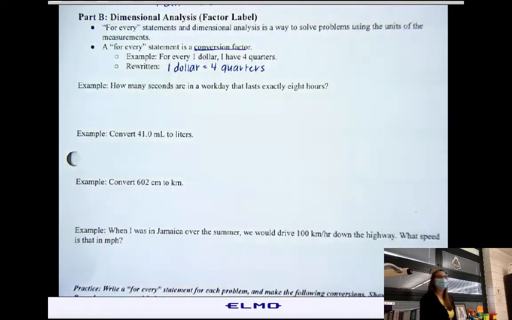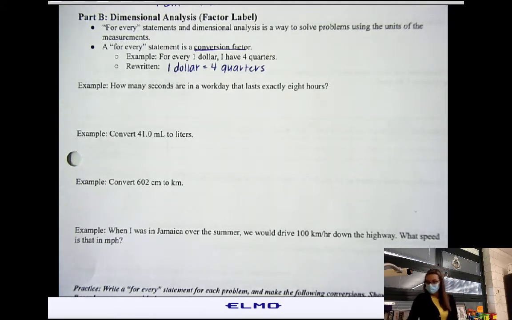It's what we can use to convert between dollars and quarters. We could do the same thing with anything. How many eggs are in 1 dozen? 12. That's another conversion factor. 1 dozen equals 12 eggs. We're going to be using conversion factors to go between different units.